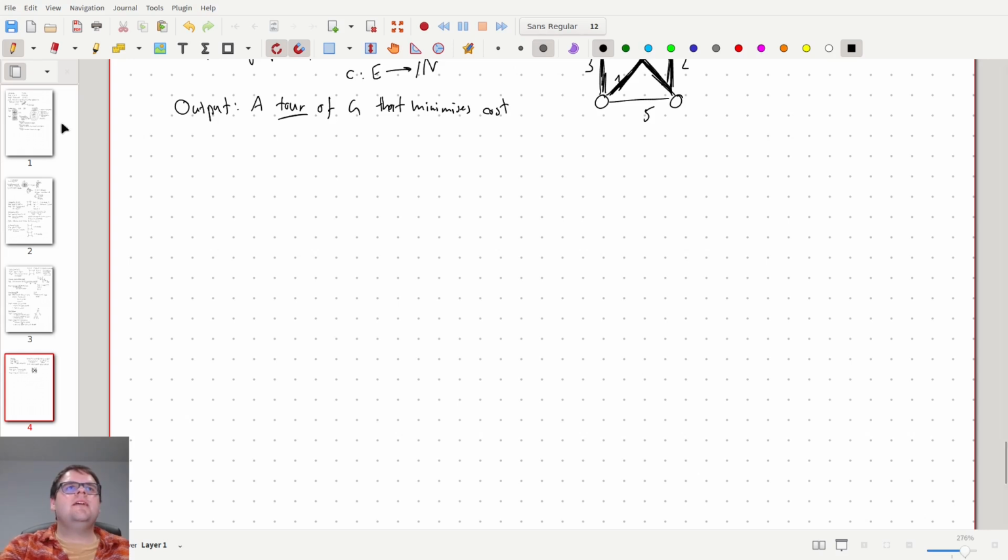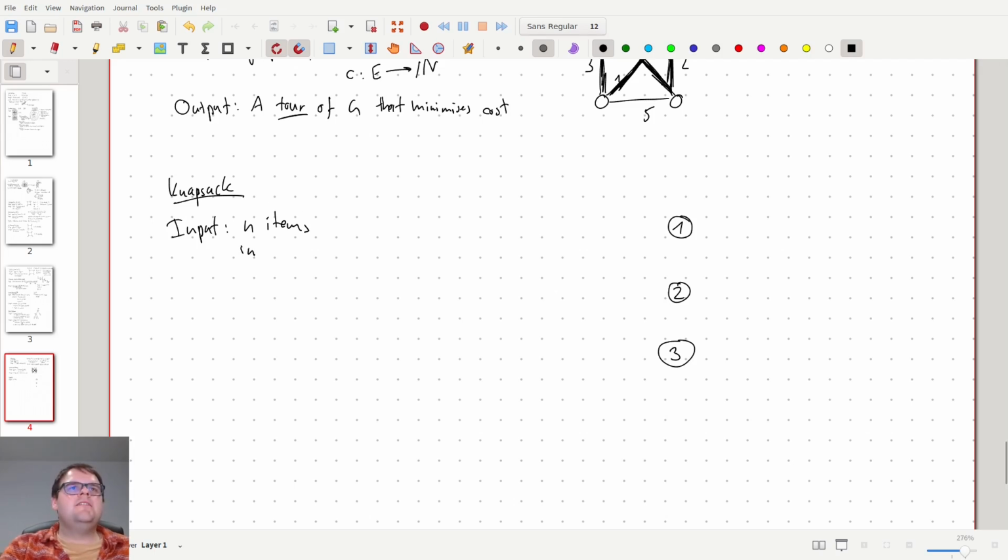Then let's have a look at the knapsack problem. As an input, it has n items. Let's say in our example we have an item 1 here, an item 2 here, and an item 3 here. That's one thing it has.